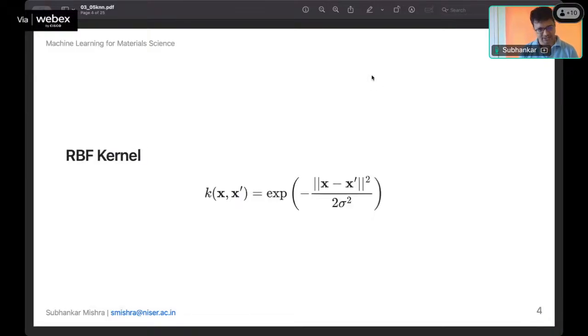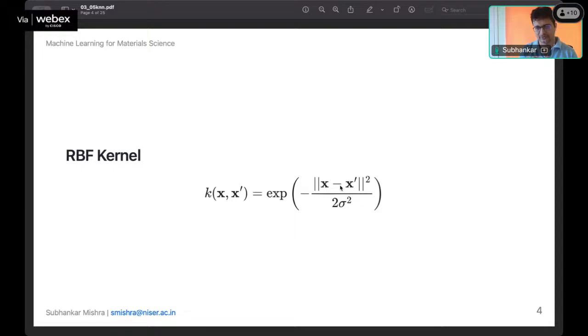Now the next one was the RBF kernel. Again, I told you this is one of the most used kernels that are there. If you look closely, on the top part, this is x minus x prime, you can call it xi minus xj also. There are two data points, and you're calculating the norm of this. You can assume it to be the distance between those two points.